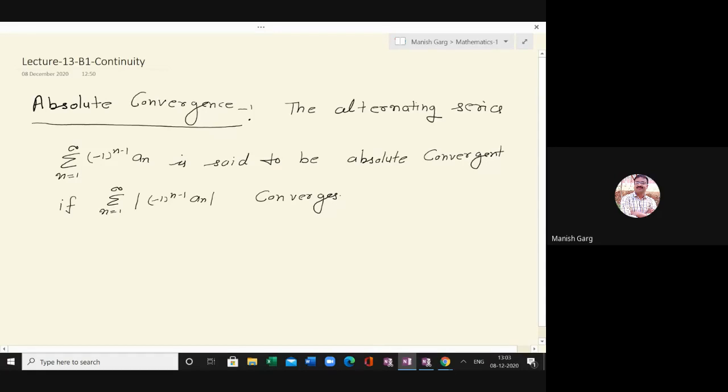It is sufficient to show that only the positive series converges. You have no need to show explicitly that the series (-1)^(n-1) a_n converges, because we know the result: if mod a_n converges, then a_n converges.